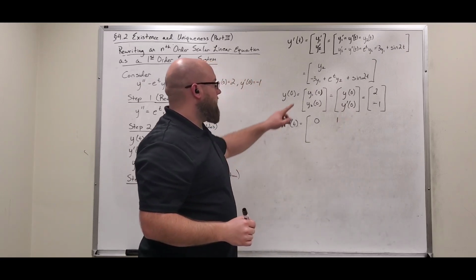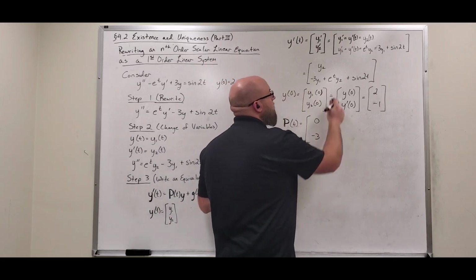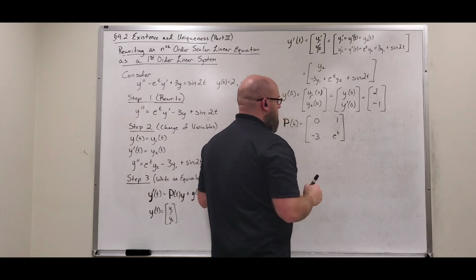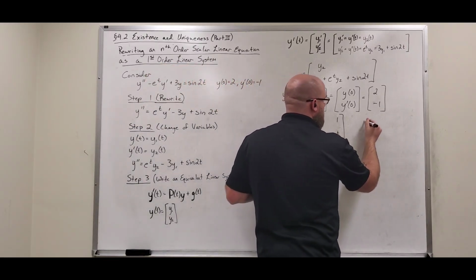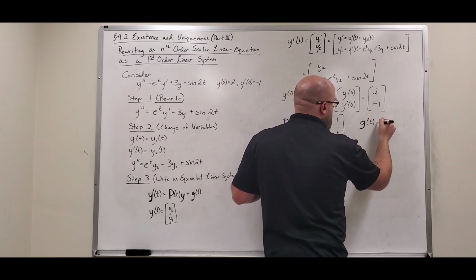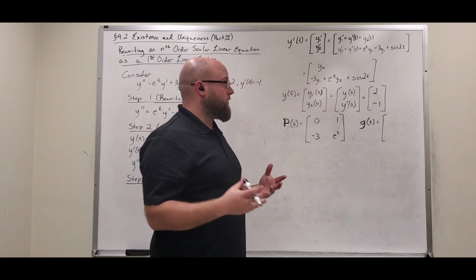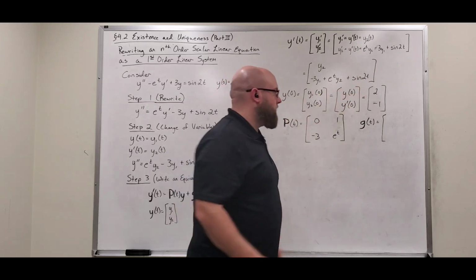And then next we have negative 3y1, so negative 3, and e to the t. So that's our P of t. All right, and now our G of t. Well, G of t is those functions not associated with y. So notice that there's a 0 here, but then we have sine of 2t.